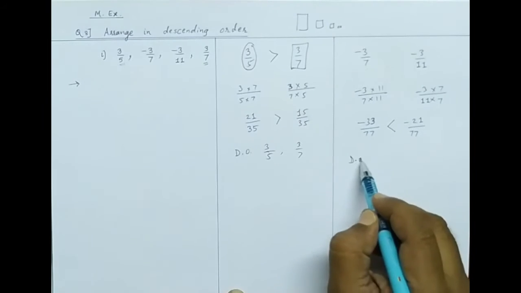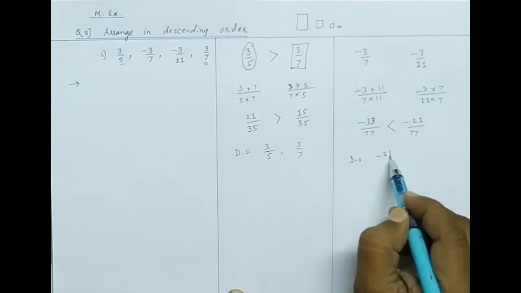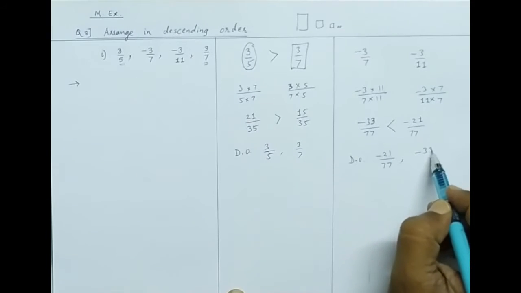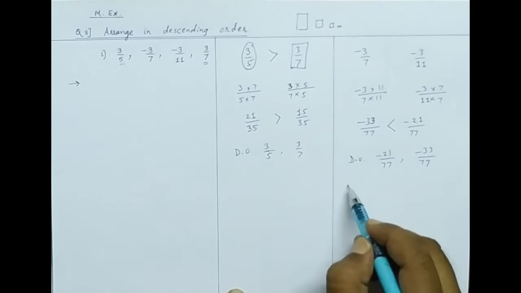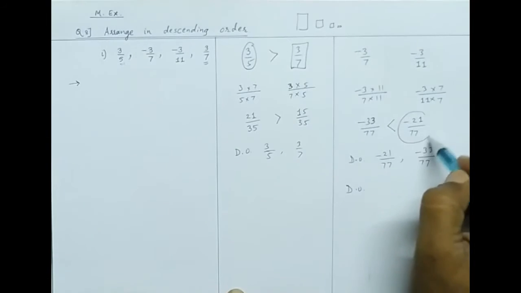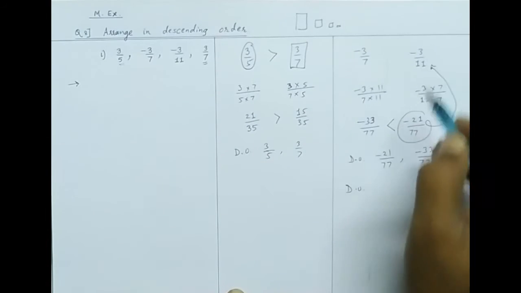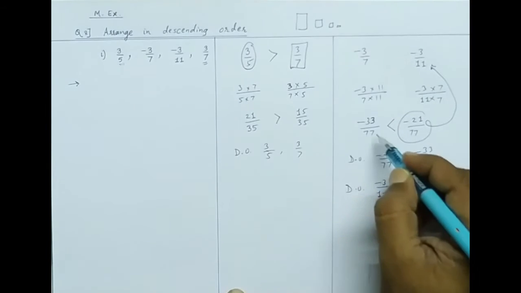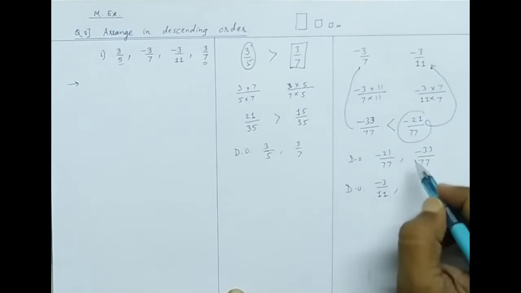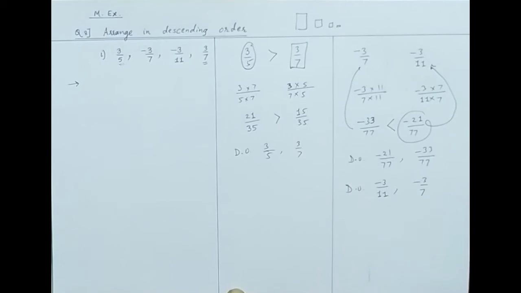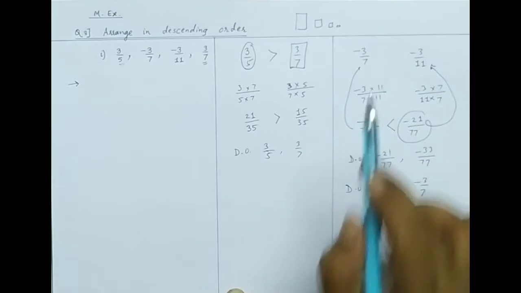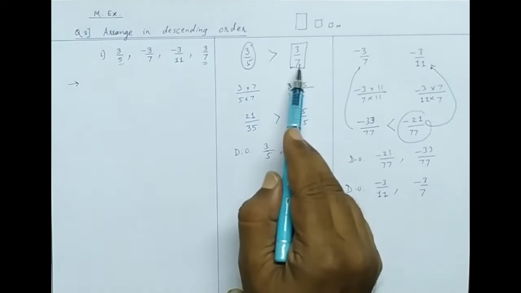So in descending order of these two numbers, minus 21 upon 77 comes, then minus 33 upon 77 comes. Now the original numbers: minus 21 upon 77 is actually minus 3 upon 11. Then minus 33 upon 77 means minus 3 upon 7. So between these two, this is greater than this.